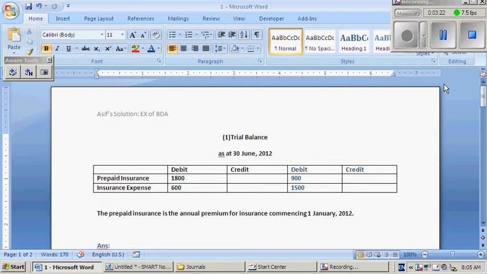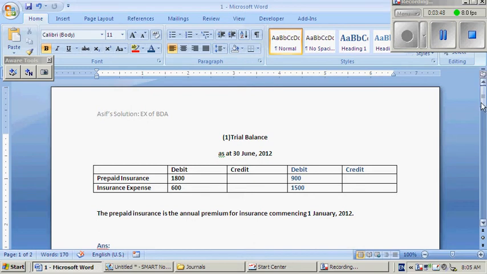Remember another thing: if you see the prepaid expenses, you have to look for the expenses as well. Suppose here prepaid insurance, so you have to look for the insurance expense in the trial balance or in the adjusted trial balance. Similarly, if you see the prepaid rent, you have to look for the rent expense as well.